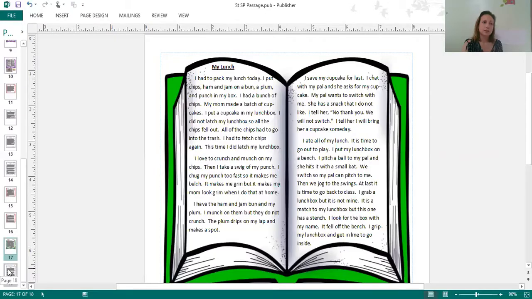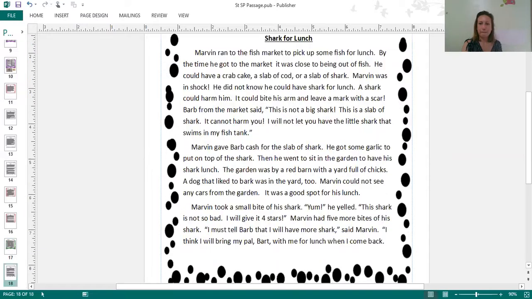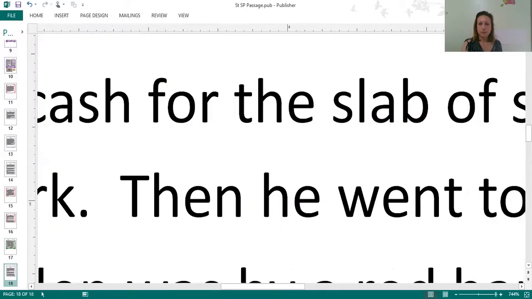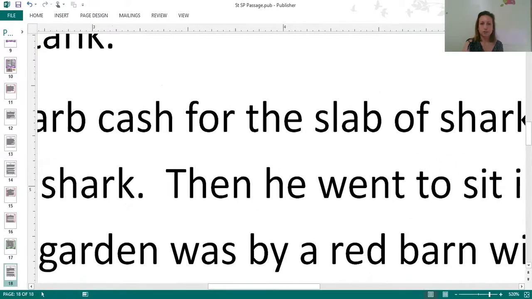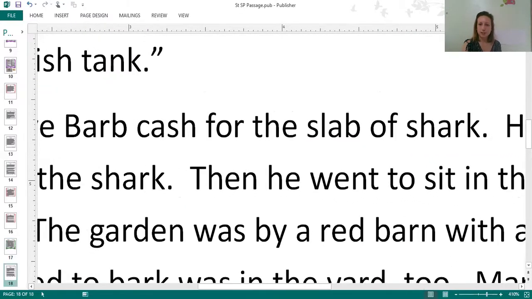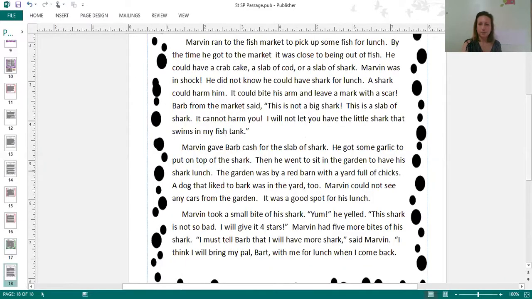So I'm going to share our passages with you. We started a passage last time called Shark for Lunch. As you read, I want you to think about who the characters are.